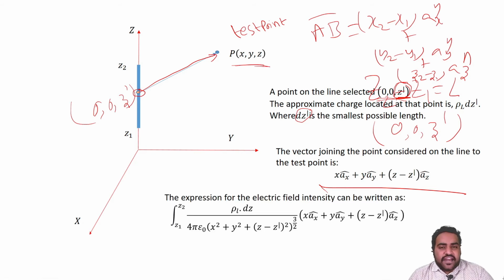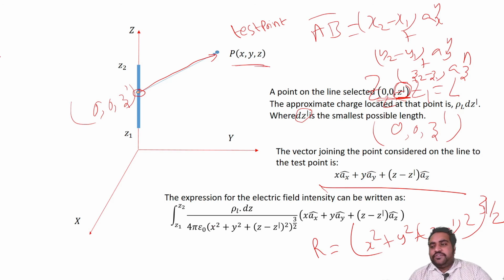So the expression for electric field intensity can be written as this. The limits of the integration are from z1 to z2, rho L dz. The magnitude of this is r. So r equals x square plus y square plus z minus z prime whole square to the power of 1 by 2. This is r. So r cube is this raised to the power of 3 by 2.